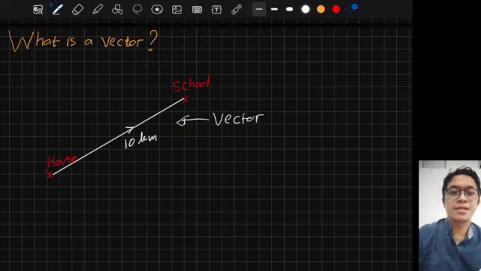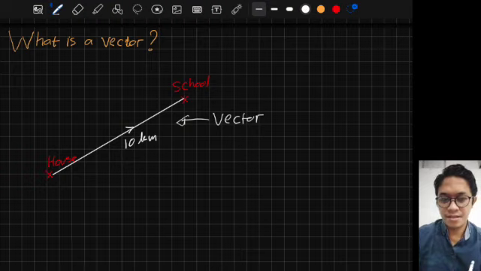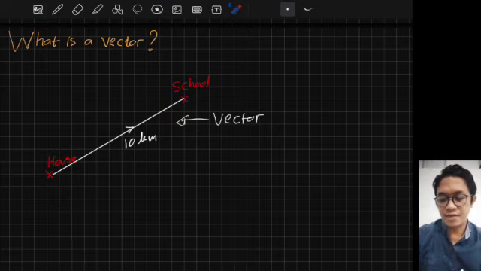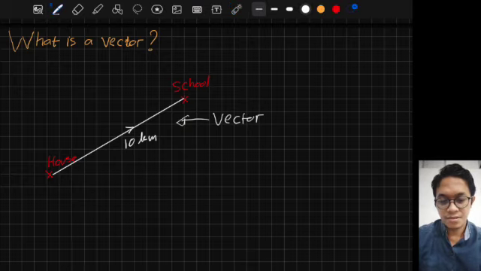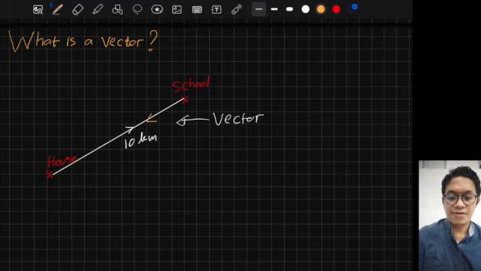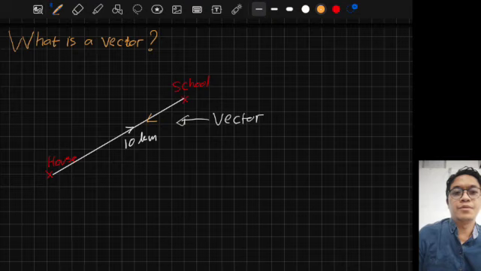Another example: if you are going back home from school to your house, of course the distance will be the same, 10 kilometers, but now the direction will be the opposite. So that's also a vector, but with a different direction and the same distance. Why is the concept of vector important?